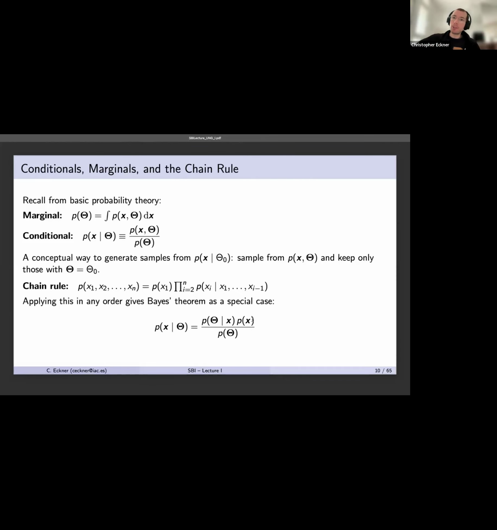So this is basically a measure of how likely a certain event is in general, given your model. And this P of theta is also marginal, but this is what we have previously called the prior. So this is the prior belief in your parameters.